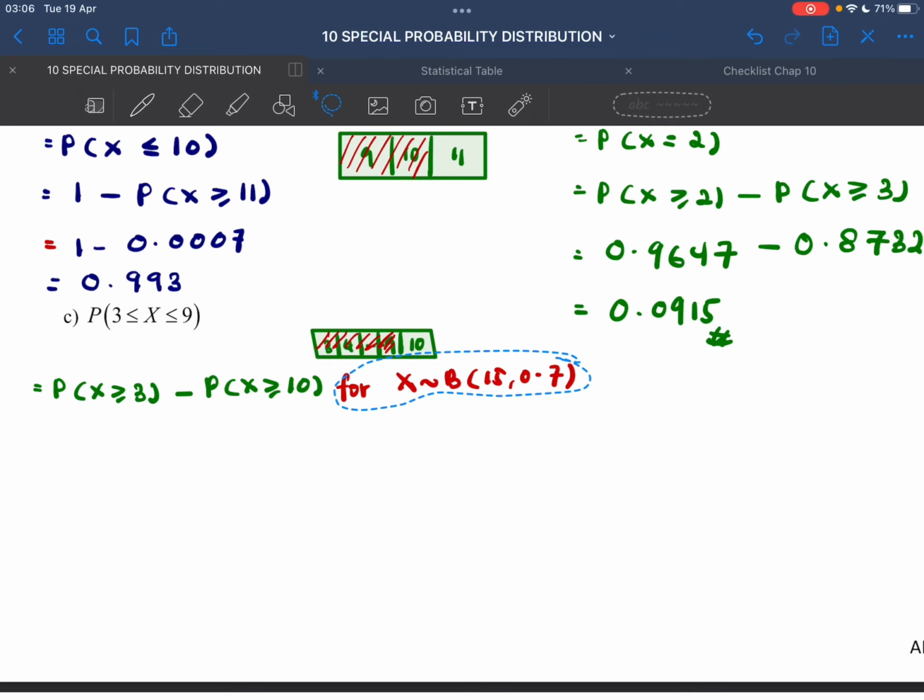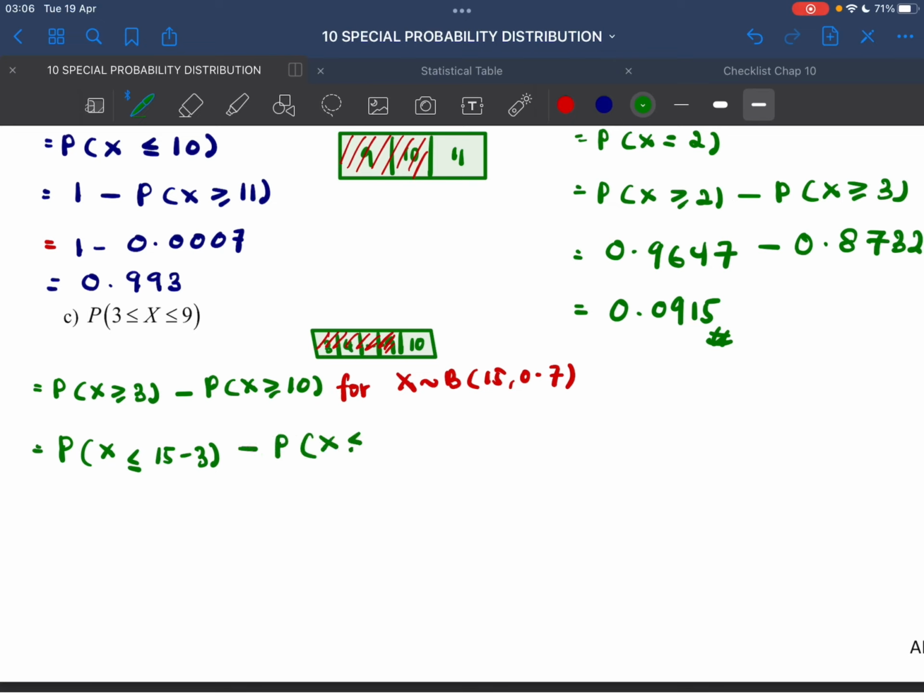Alright, bila kamu nak tukar distribution, dia hanya untuk equals, greater and equals ataupun less and equals. Okay, so here kita tukar jadi Px greater and equals akan tukar jadi less and equals to n minus r. So 15 minus 3 minus Px less than equals to 15 minus 10. Okay, so this is your new distribution for X 15 0.3.